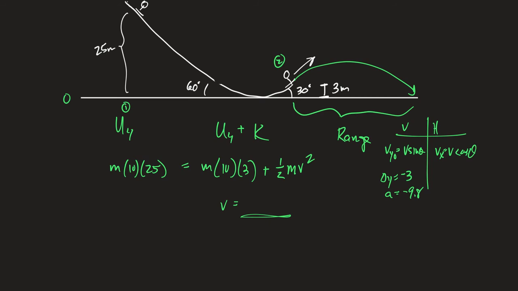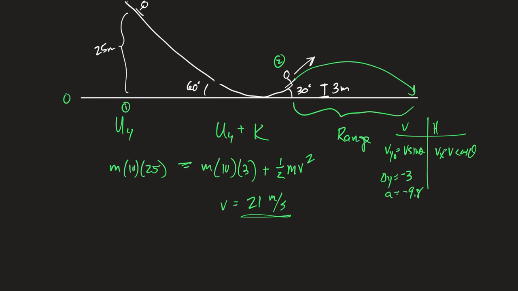You guys have calculators. Make this happen. Compute this stuff. 250 minus 30 is 220, square root of 440. It's not much here. Yes, sir. 21 meters per second.